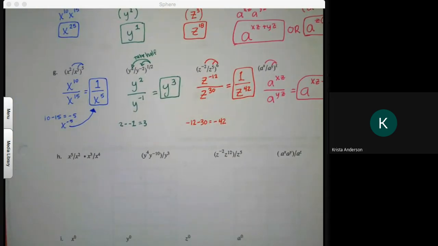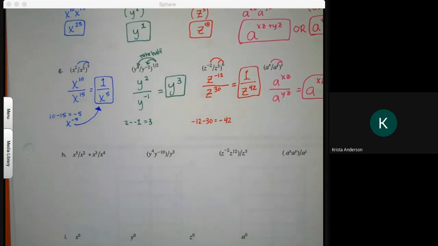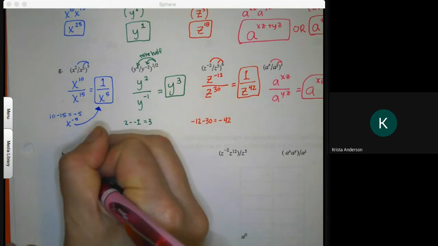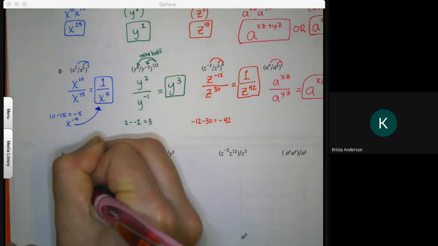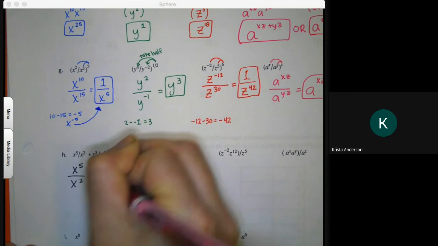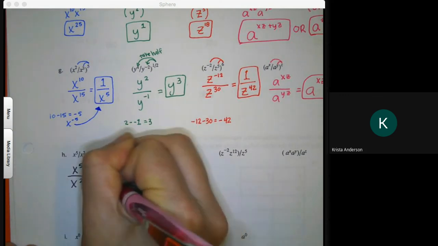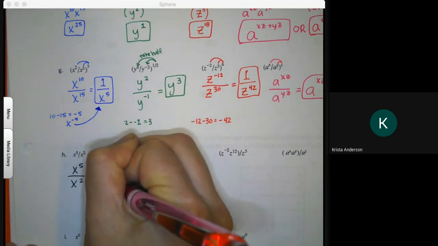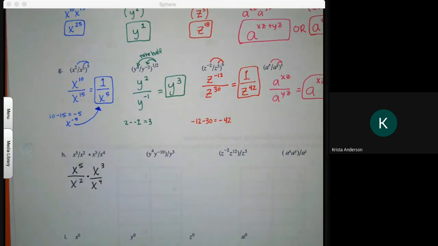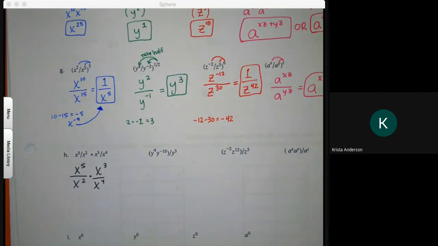Right. For h, will you rewrite h as x to the 5th over x squared? That's how it was supposed to be typed. It's supposed to look like that, but it was struggling with the word.